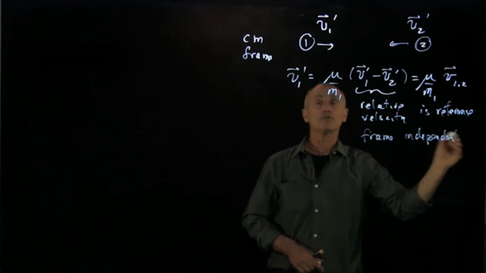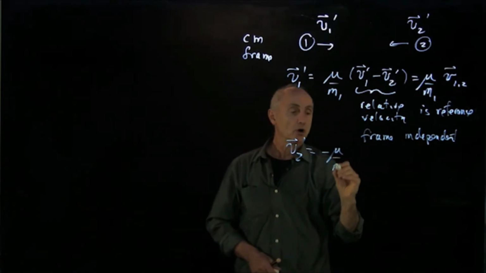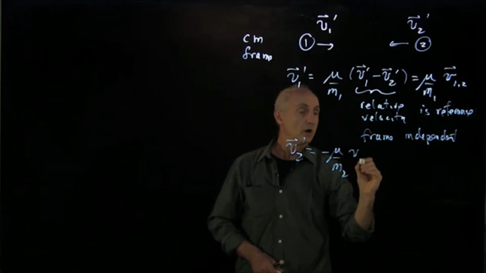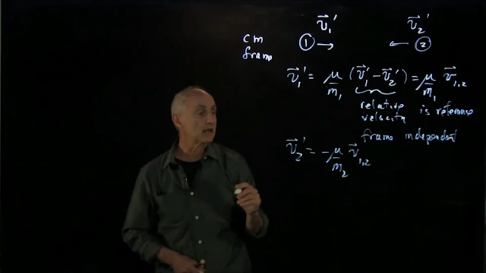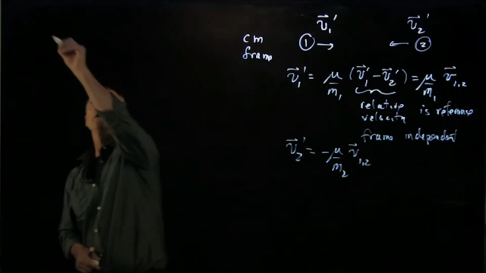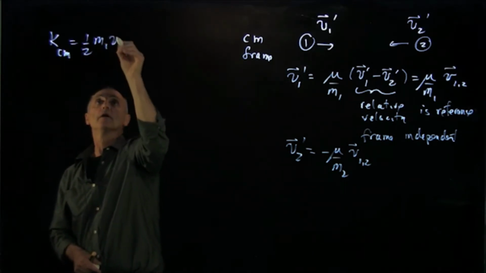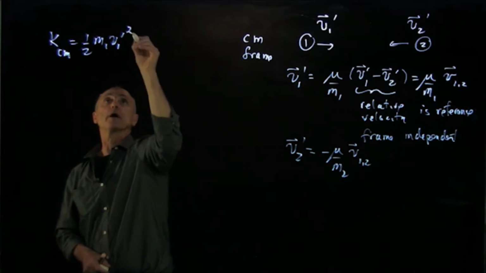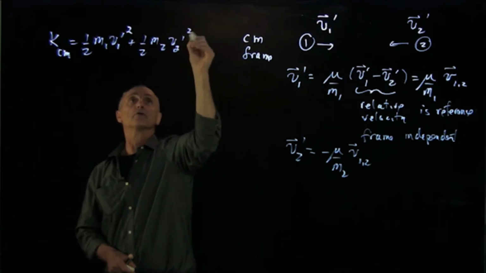So we also knew that v2 prime was equal to minus mu over m2 v12. So now let's calculate the kinetic energy in the center of mass frame. So Kcm is 1/2 m1 v1 prime squared plus 1/2 m2 v2 prime squared.